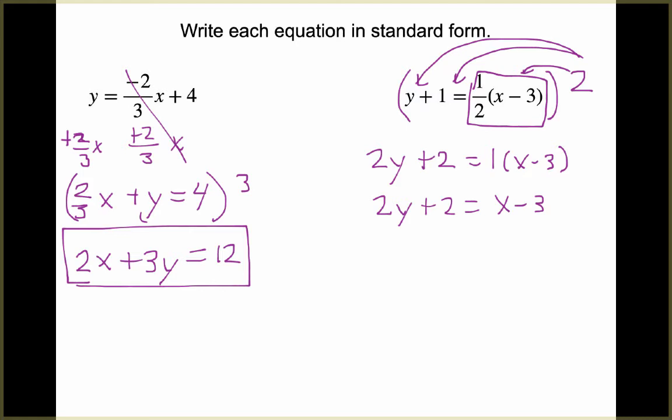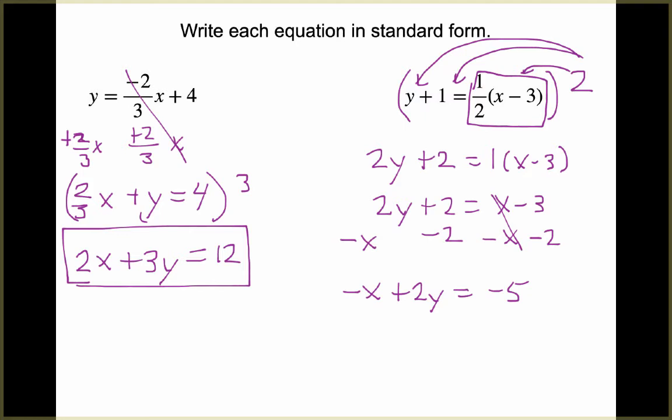The next thing we have to do is get our variables on one side and our numbers on the other. So we're going to subtract x from both sides, and we're going to subtract 2 from both sides. So now we have negative x plus 2y equals, this cancels, negative 5. We are almost in standard form, but not quite yet.